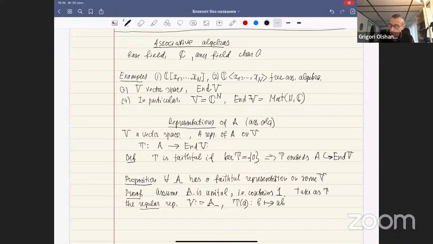And this is faithful because we can apply this to B equal to 1, which implies that T is faithful.